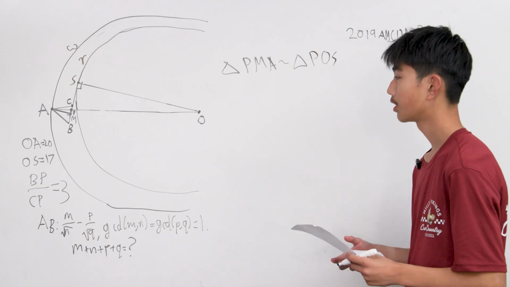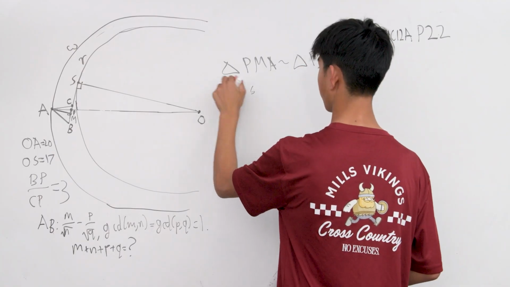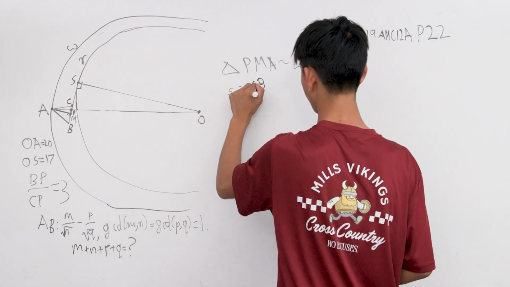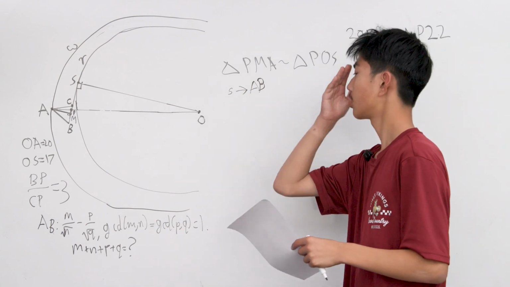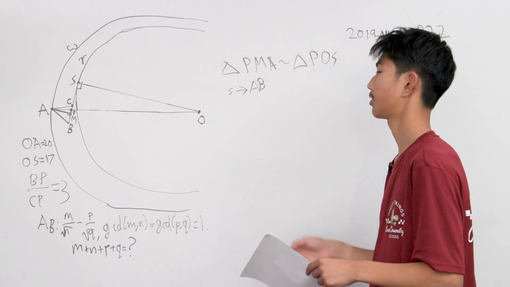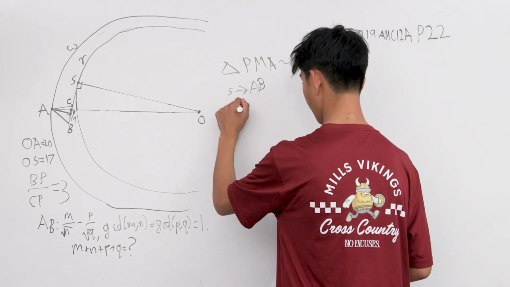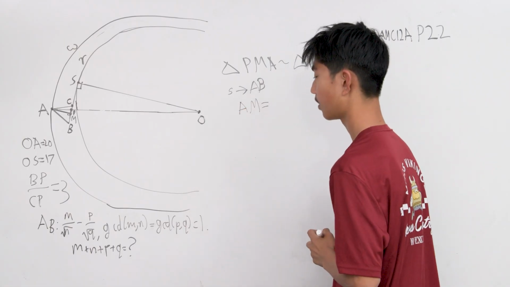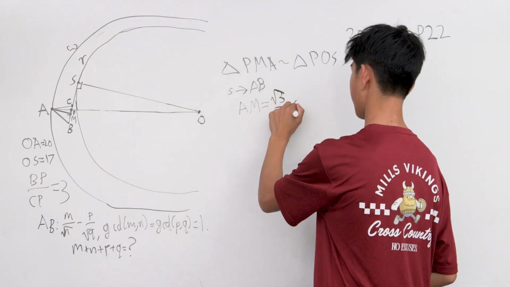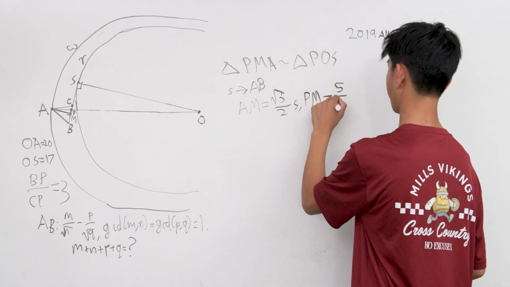So, thus, if we have side length, say, we use a lowercase s, assume that's a capital S at that point, lowercase s to represent AB, then we can use properties of the similar triangles to find equations for S and eventually solve for S. So we have length AM in relation to S. That is going to be root 3 over 2 S. We have PM, which is simply 5 over 4.